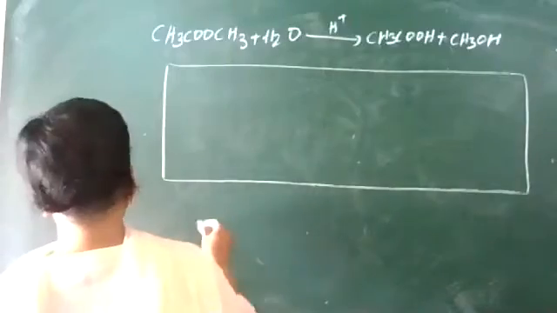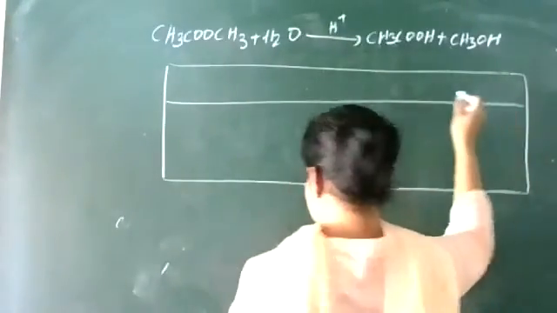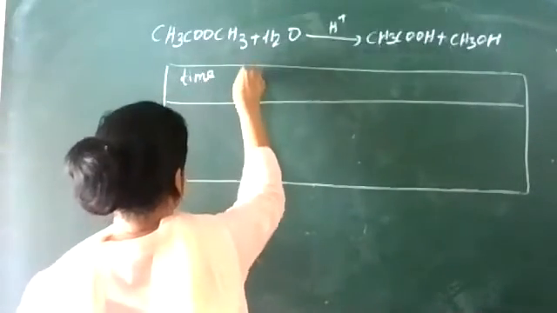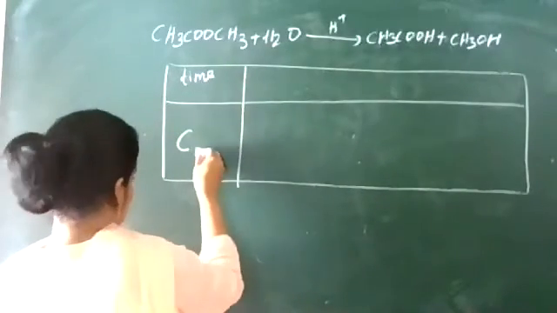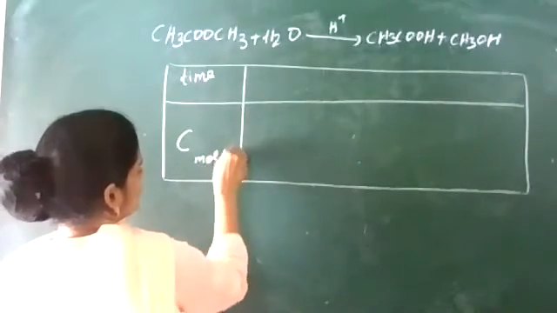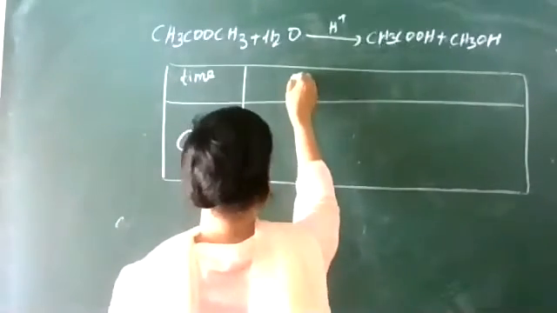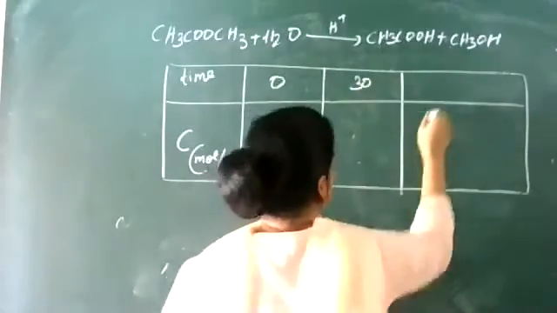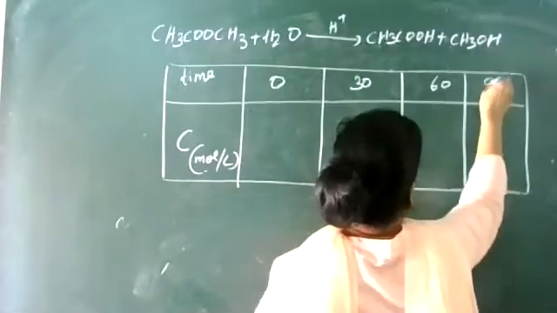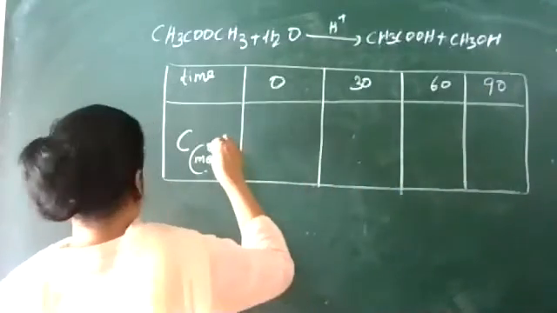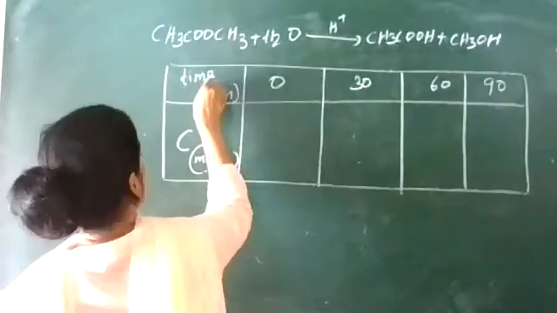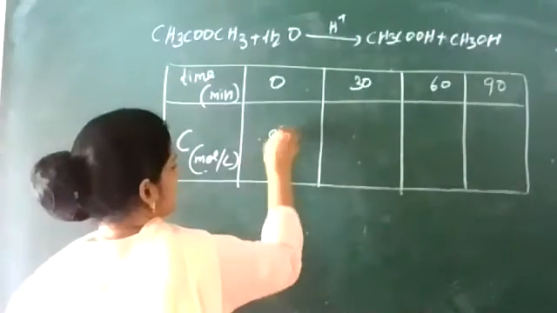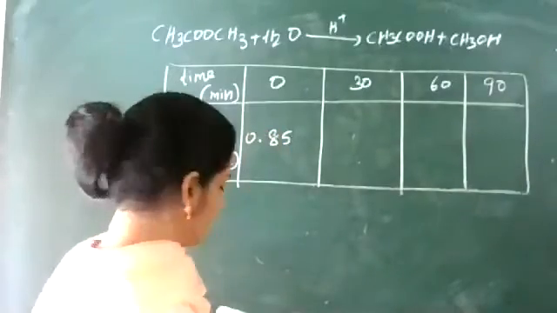Time is in minutes, concentration is in moles per liter. Initially, at time 0, it is 0.85.